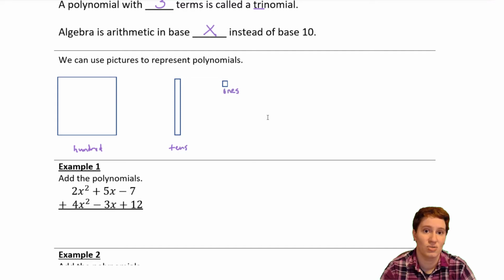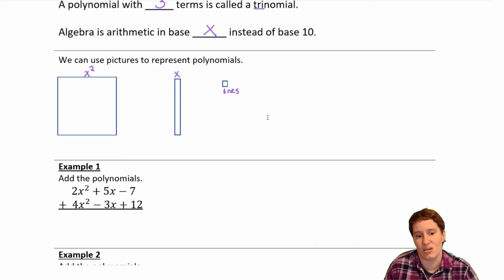We can use this to represent the idea of polynomials by saying the ones block is still going to be ones, but our tens block is now going to represent how many x's we have, and our hundreds block is going to represent how many x squareds we have. And so we can build these polynomials we're going to be talking about using our blocks. We just would ignore the fact that a tens block has 10, because basically we're saying that we don't know what x is. It could be 10, or it could be 3, or it could be just whatever it wants.